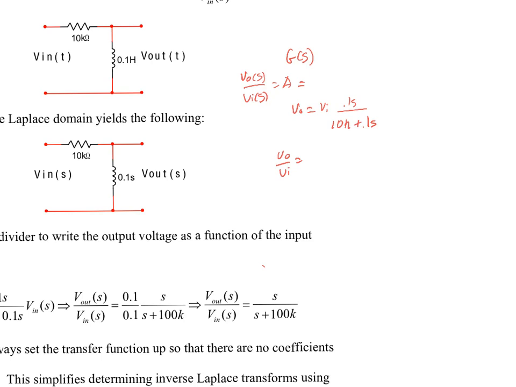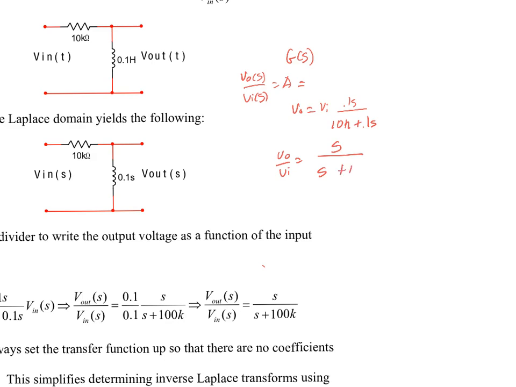I'm going to factor out a 0.1 here. So I have s. When I factor out a 0.1, what does that do to my 10K? When I factor out 0.1 from 10K, it's dividing by 0.1, isn't it?